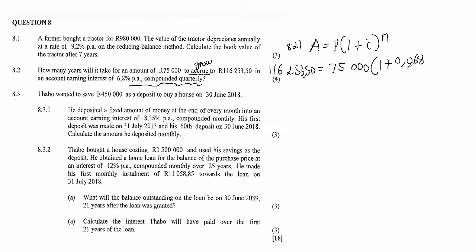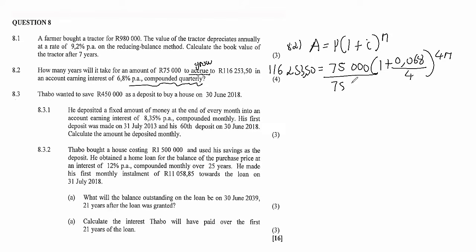So if it's compounded quarterly, we must have over 4 because there are 4 quarters in a year. But then remember, we do not have the number of years. So the number of years would be indicated by multiplying those number of years by 4, since it's compounded quarterly. So we have to indicate that here we have 4n.